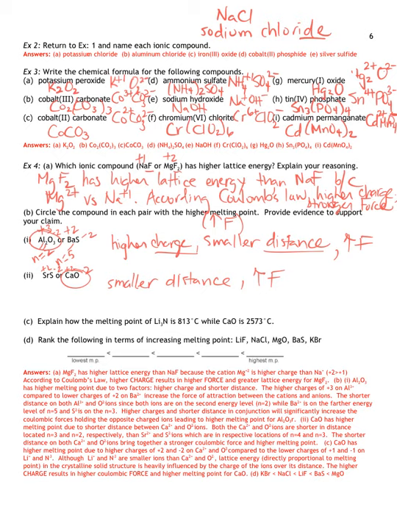C, explain why the melting point of lithium nitride is 813 degrees Celsius, while calcium oxide is 2573. So it must be that calcium oxide somehow has a stronger force between the ions. And why that's the case is, again, exploring the charges.